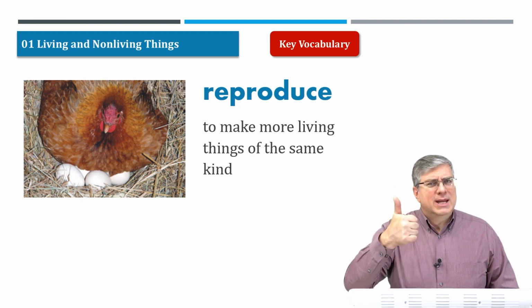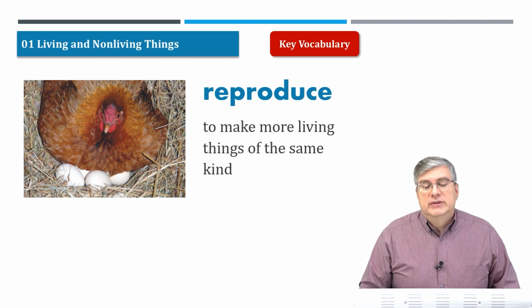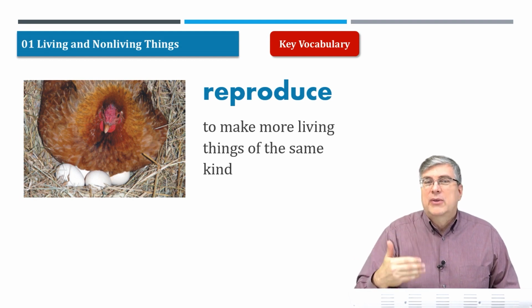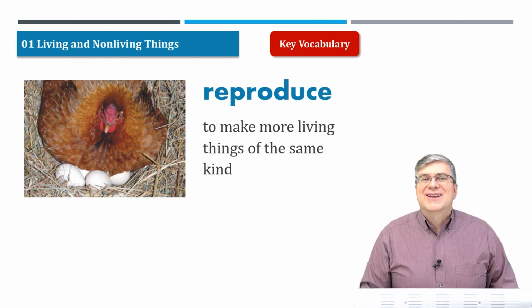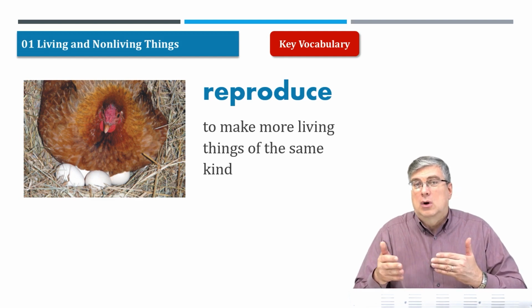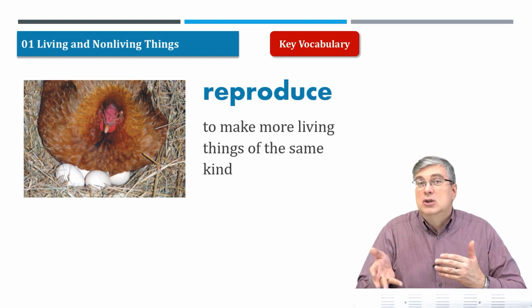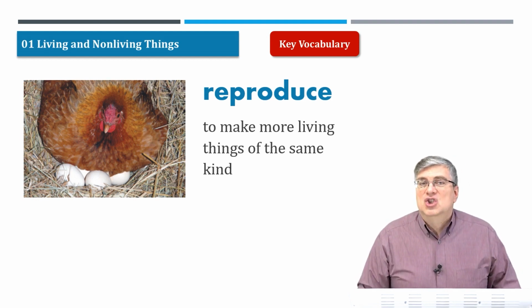Reproduce. Reproduce means to make more living things of the same kind. All living things are able to reproduce. That means that they can make more living things that look like them. When you get older, you might get married and have children.